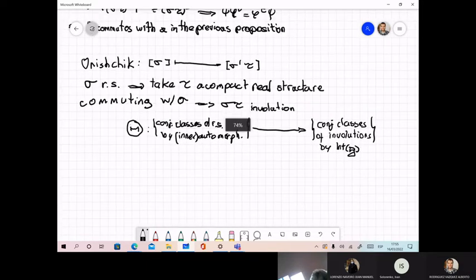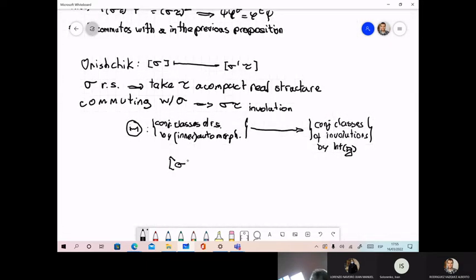And this map will take the class of sigma and take it to the class of sigma tau.